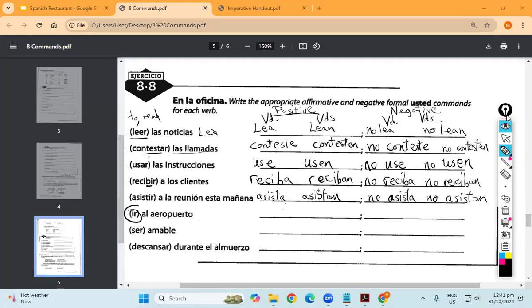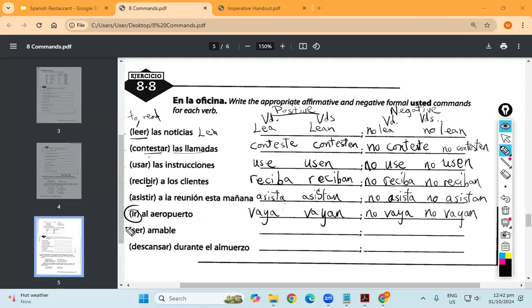Okay, so you should remember that ir is one of the irregular ones that we looked at. Right, so we would say vaya, vayan. No vaya, no vayan.